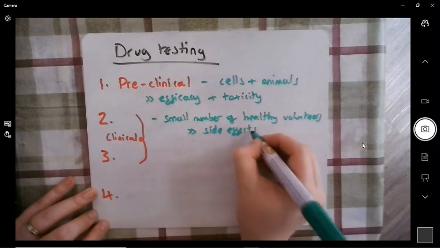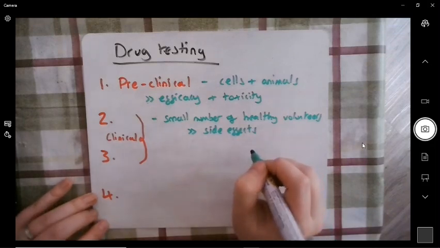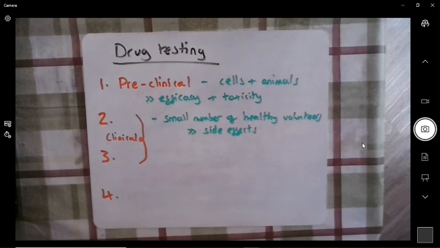You don't want to use an ill person to look for side effects because you might only see their illness. Likewise, if they're already on medication, the medication they currently take may distort the sort of side effects that they may be getting from the new medication. So the healthy volunteers, male as well, because of the risks potentially to any female that may be pregnant. So yeah, looking for side effects.